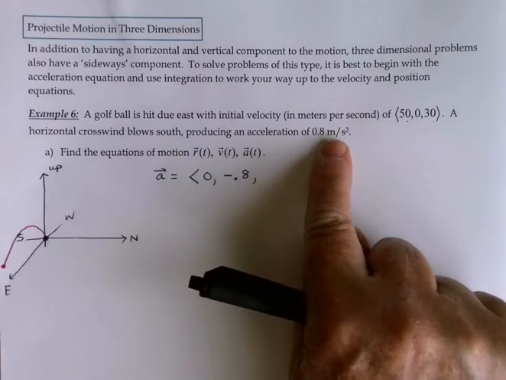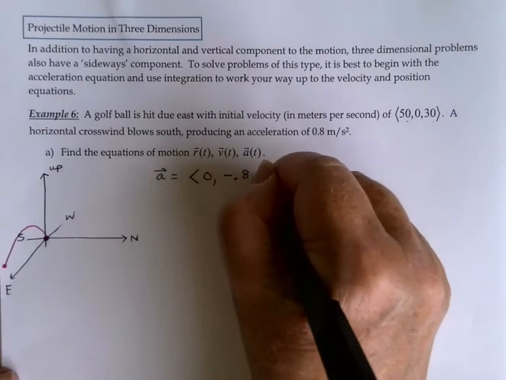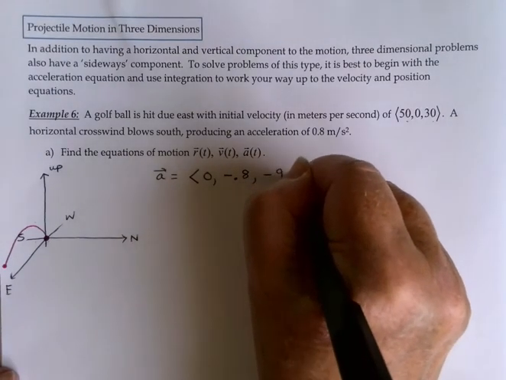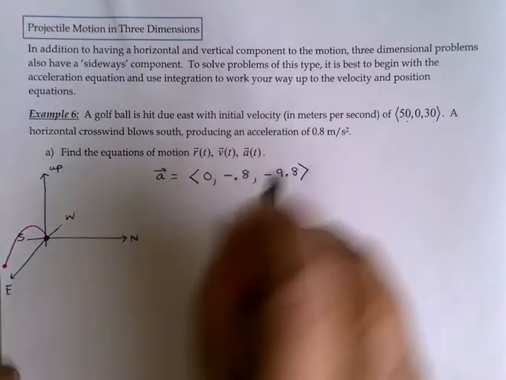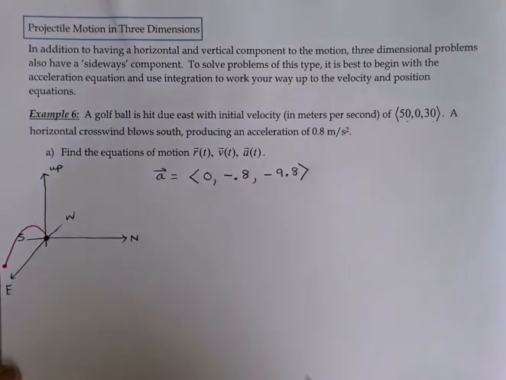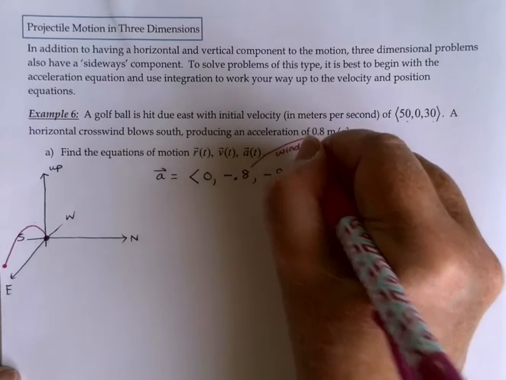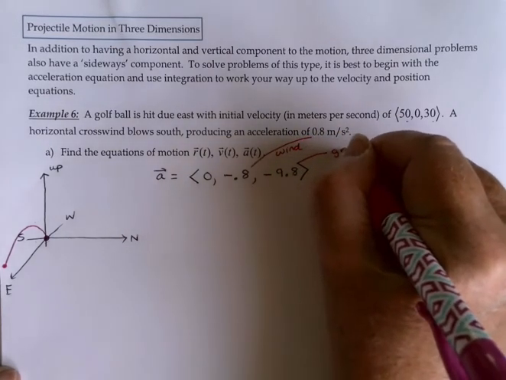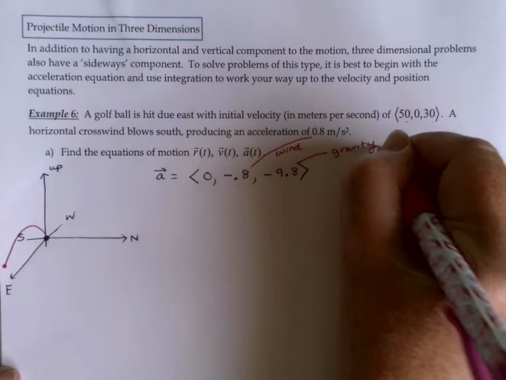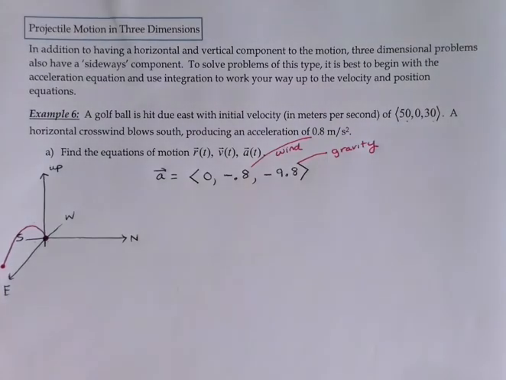Since we're in metric here, we're going to go with a negative 9.8 meters per second squared for g. So this is my wind, and this is my gravitational acceleration. And they're both in there in my acceleration vector. All right, in order to get to velocity from acceleration, we have to integrate.